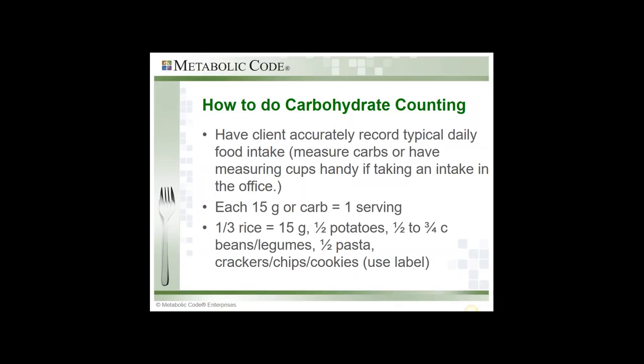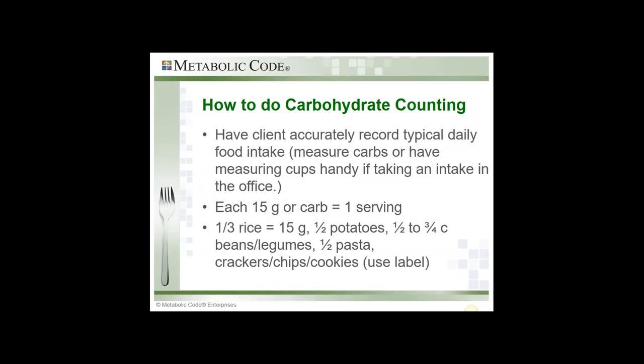From all the information on the diabetes exchanges, we know, for example, that 1/3 cup of rice, whether it's brown or white, provides 15 grams of carbohydrate. 1/2 cup of potatoes, 1/2 to 3/4 cup of beans and legumes, depending on the type of bean, 1/2 cup of pasta.